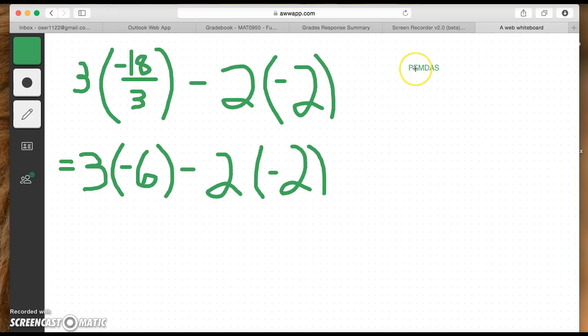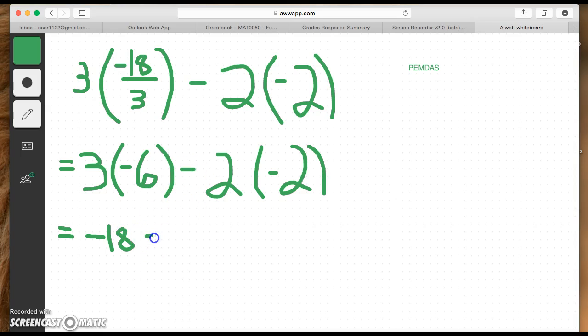So now our parentheses are completely simplified. We would move on to exponents next. Notice that we do not have any. And we move on to multiplication and division after that. So we do have some multiplication that we can take care of here in 2 locations actually. First we have this 3 times a negative 6. A positive times a negative is always a negative. 3 times 6, that is 18.